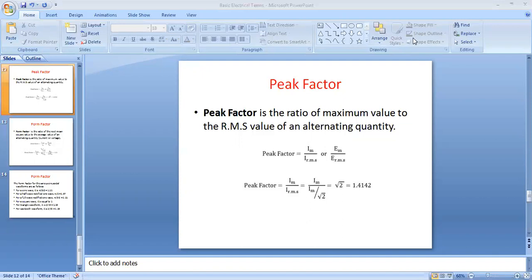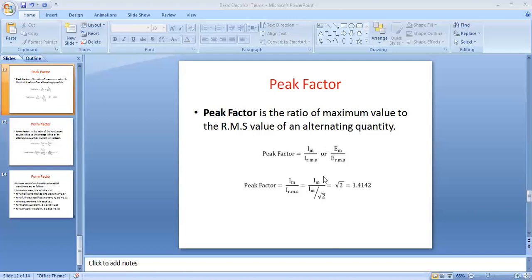The peak factor is mathematically expressed as Im upon IRMS, that is maximum value of current upon RMS value of current, or for voltage Em upon ERMS, that is maximum value of voltage upon RMS value of voltage, where Im and Em are the maximum value of current and voltage respectively, and IRMS and ERMS are the RMS, that is the root mean square value of alternating current and voltage respectively.